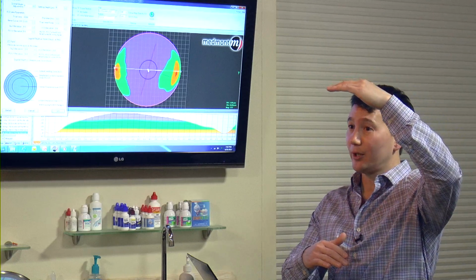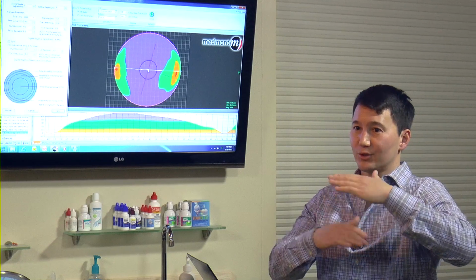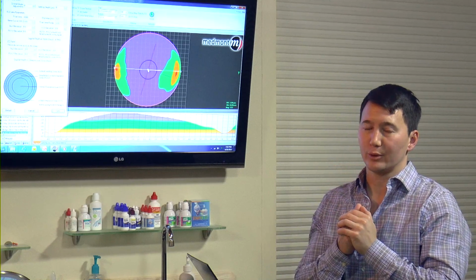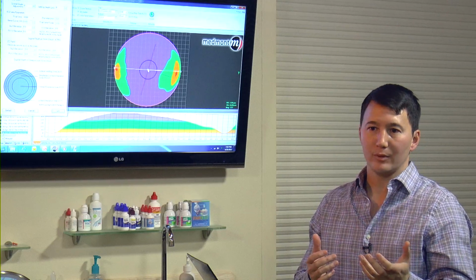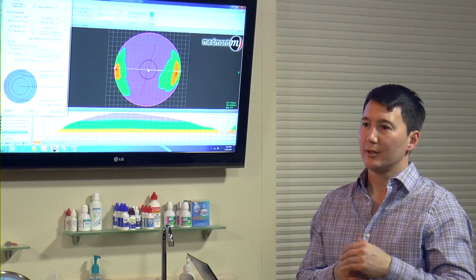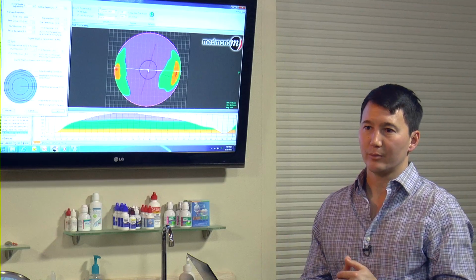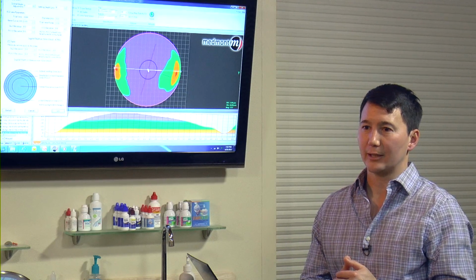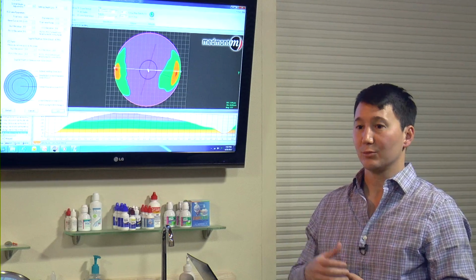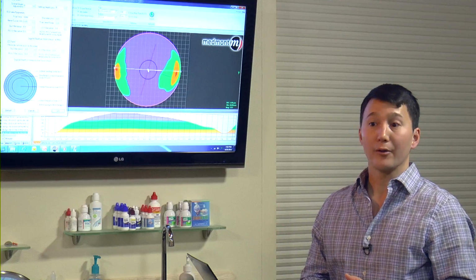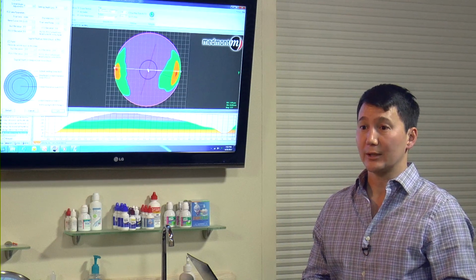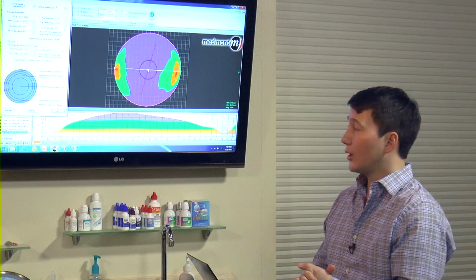So if you start with 400 and it sinks 250, we're still left with 150 microns of fluid. If the lens sinks by only 100, 300 microns, we don't see any problems with patients having that much fluid under the lens. So our feeling at Pacific is more is better. There are other trains of thought as it comes to scleral lenses, but that's just how we approach it at the university.